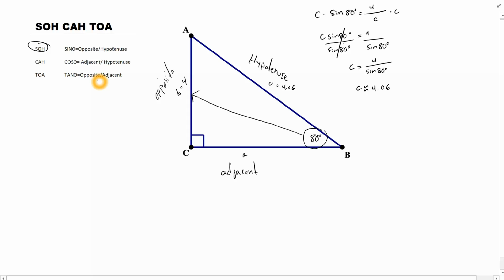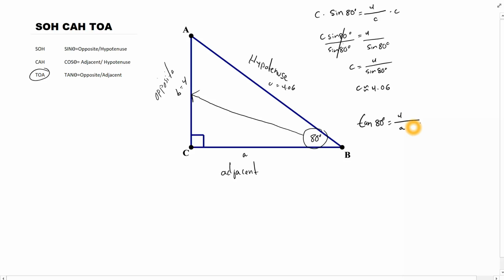So let's use Toa to find a, or the value of a. So now Toa is given by O, which is opposite, and A, which is adjacent. So tangent of 80 is equal to the opposite, which is 4, over the adjacent, which is a.